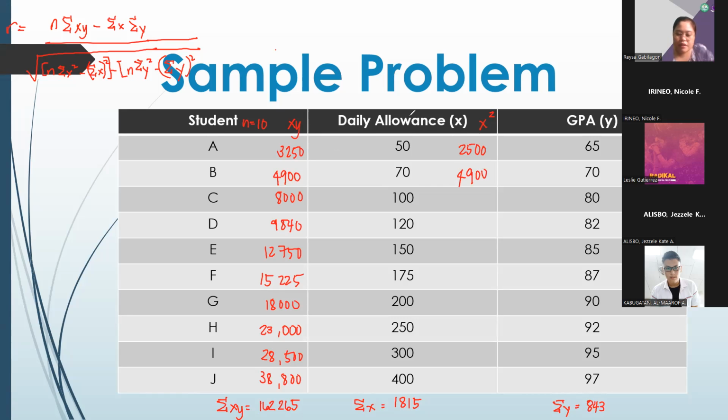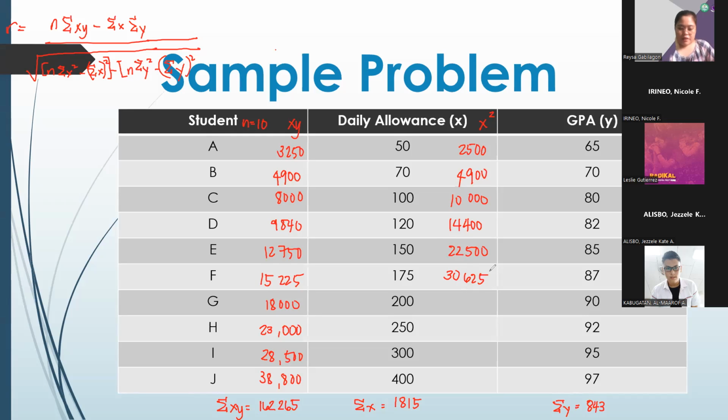And then 100 squared is 10,000. And then this is 120 squared, 14,400. 150 squared, 22,500. 175 squared is 30,625.